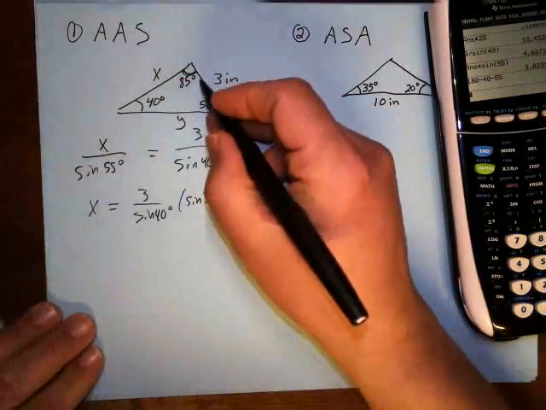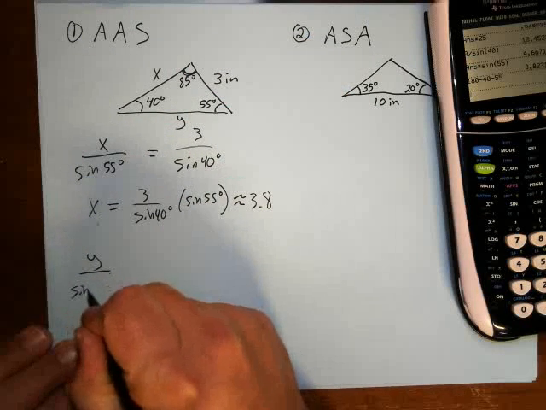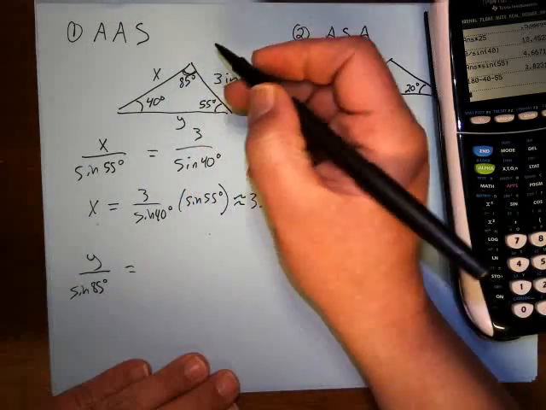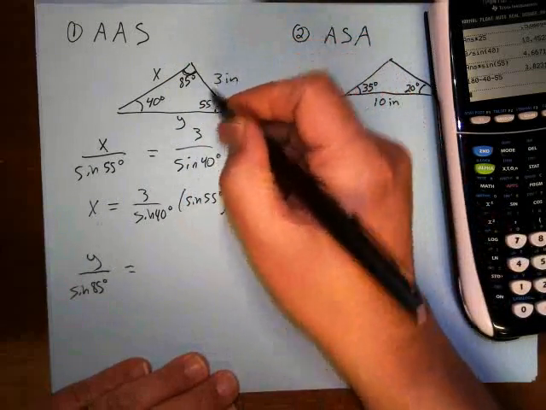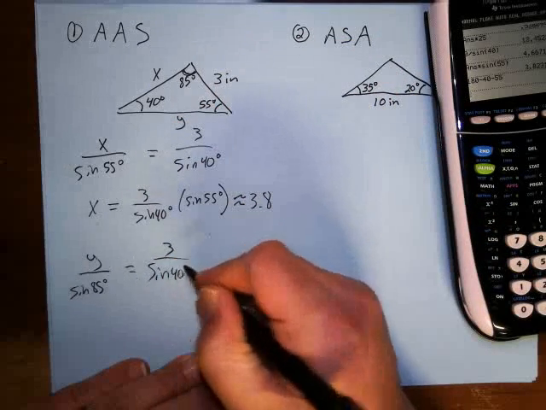Okay, so now I can do something similar. I can do y is to the sine of 85 degrees, as 3 is to the sine of 40 degrees.